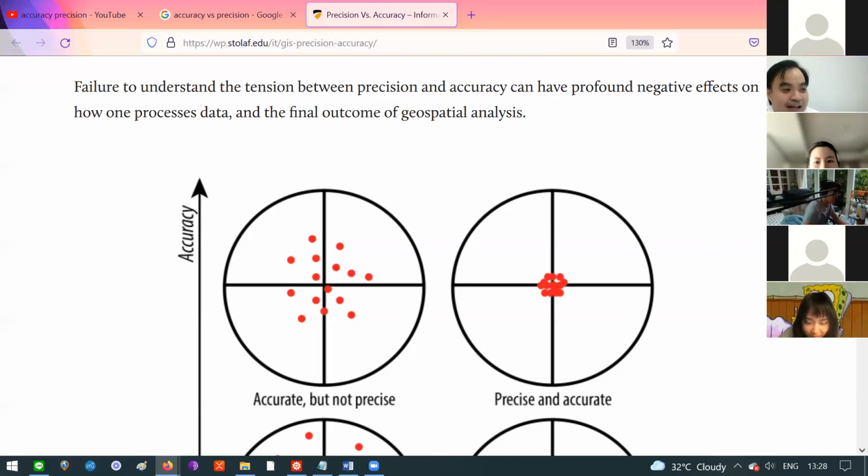Now, if you think about it, they don't have to be mutually exclusive, but you can think of it as a good quality model would have both. A bad quality model or an average quality model can be poor with respect to accuracy or with respect to precision, or both.